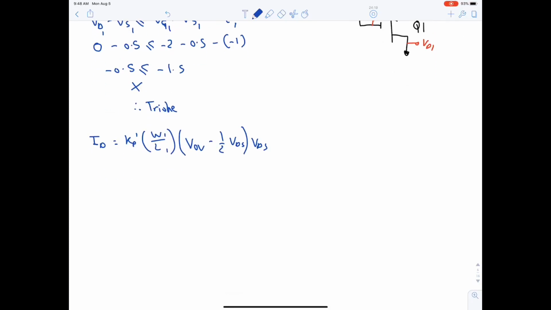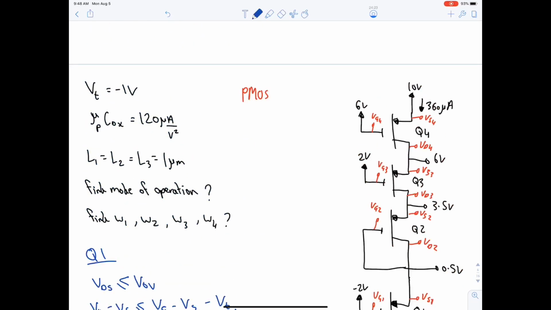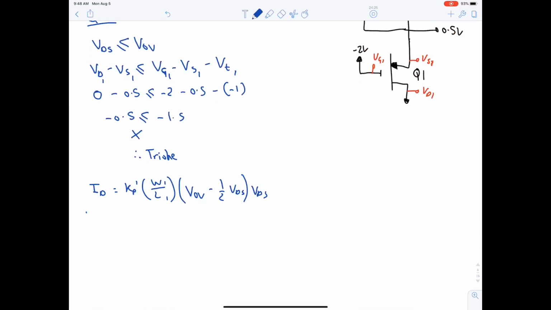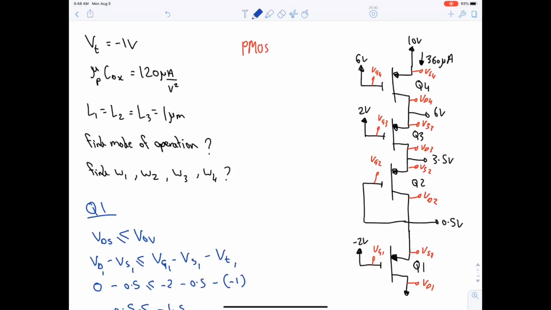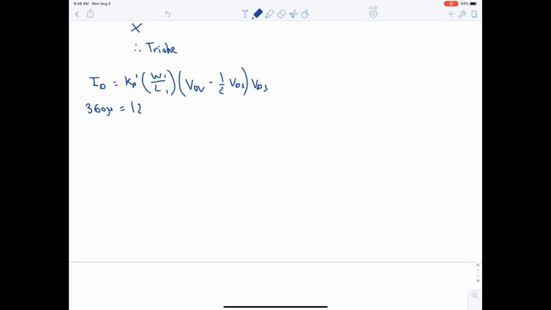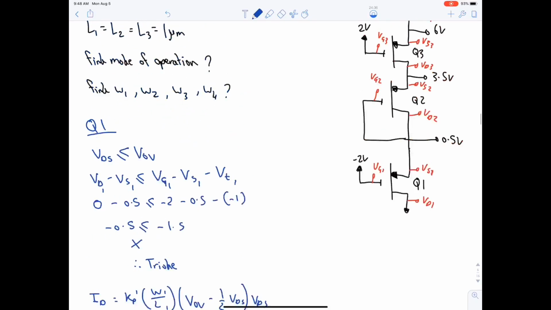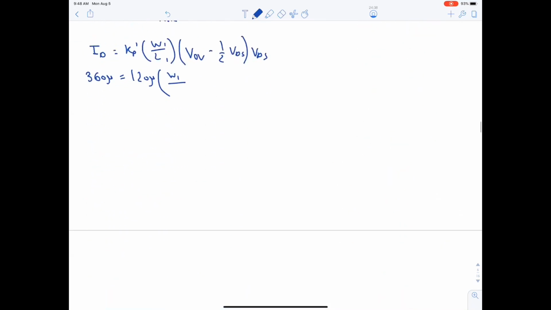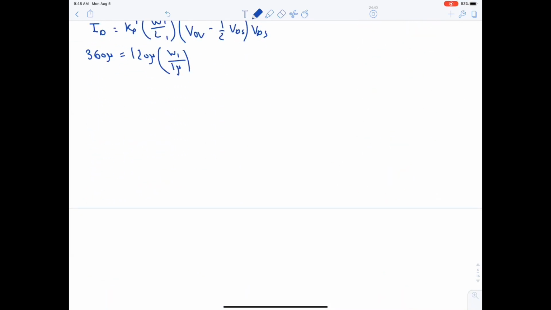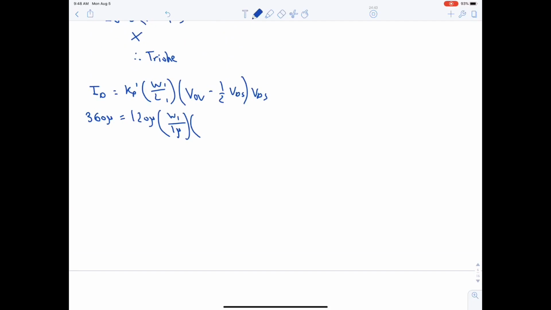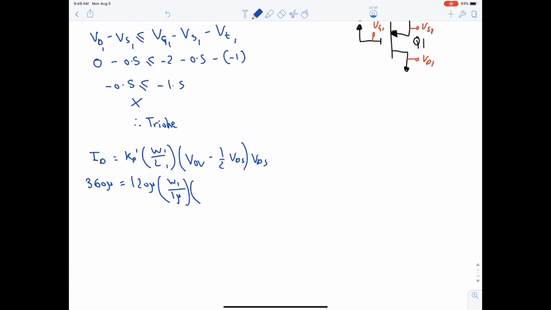Okay, so ID is 360 micro, Kp prime is 120 micro, W1 is unknown, L1 is 1 micro, VOV is minus 1.5, minus half VDS.